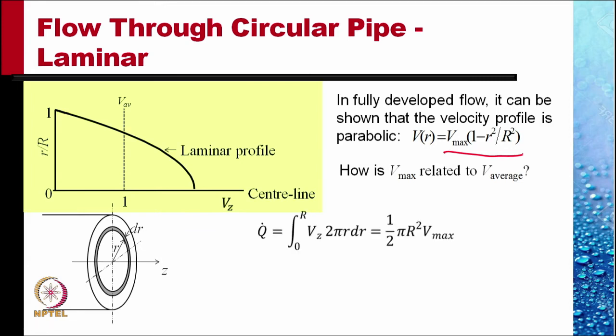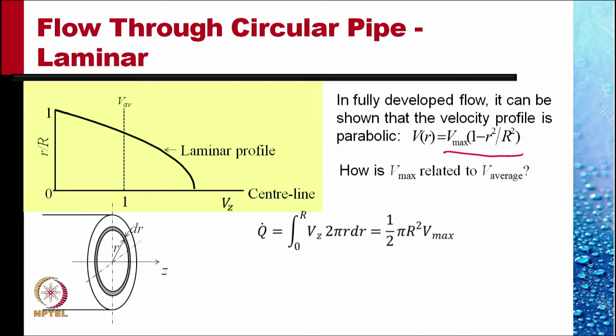The volume flow rate is the integral over r from 0 to capital R of Vz, the velocity at that location, which is V max into 1 minus r square by capital R square, into the area of this ring, 2 pi r dr. And this, when we integrate, comes out to be 1/2 pi R square V max after putting in the value of Vz given by the velocity profile and integrating.